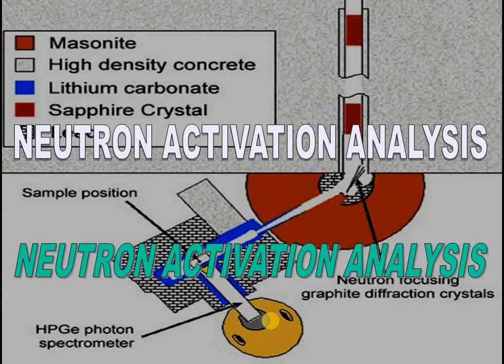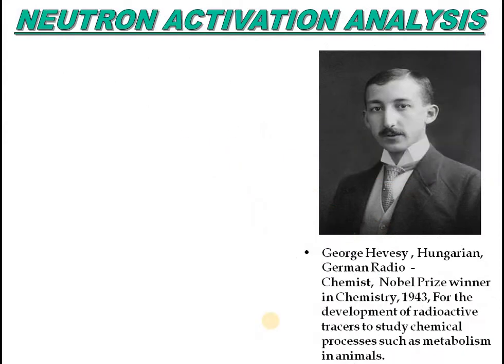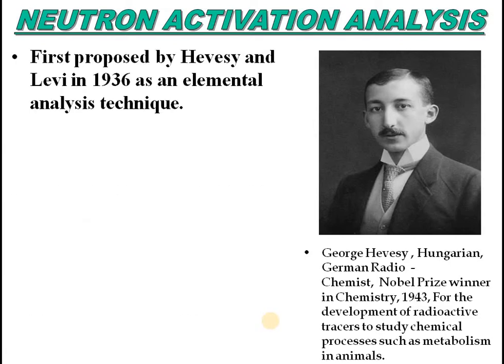In fact, this neutron activation analysis, abbreviated as NAA. Okay, NAA. It was initially started, the theoretical framework was done by George Hevesy, basically a Hungarian chemist who later became German.